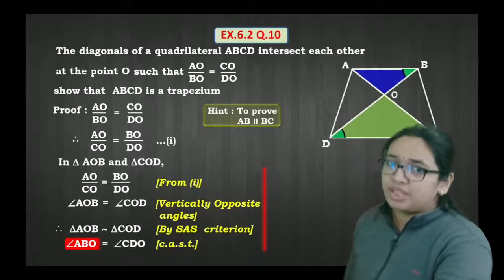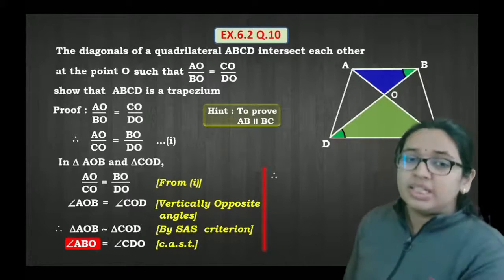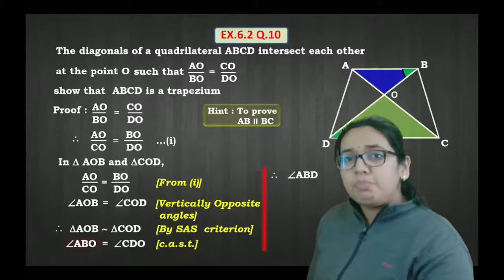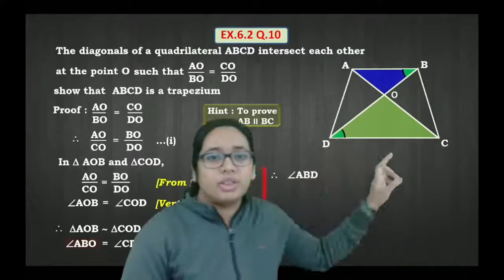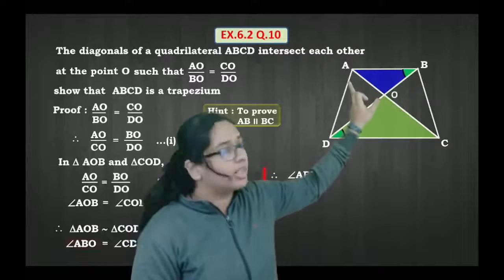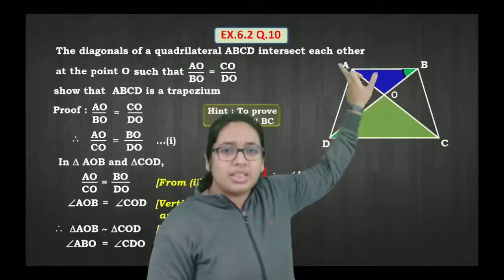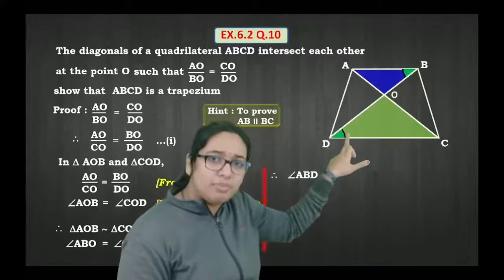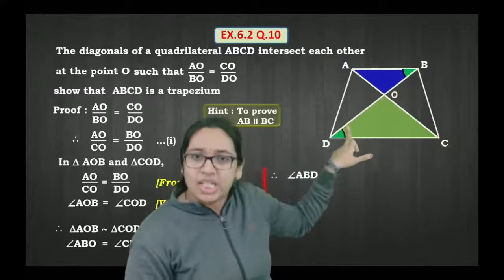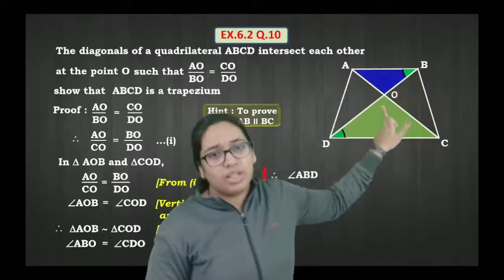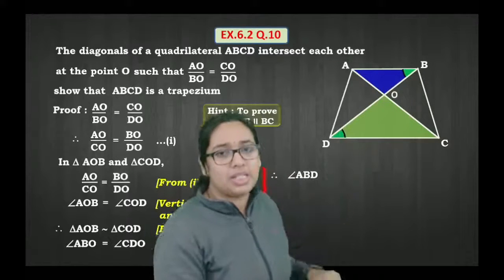देखो, समझ में आ रहा है, ABO is the same as CDO. So ABO, आप क्या लिख सकते हो? ABO is nothing but ABD because BOD are collinear points. So instead of writing ABO, I will use ABD here.